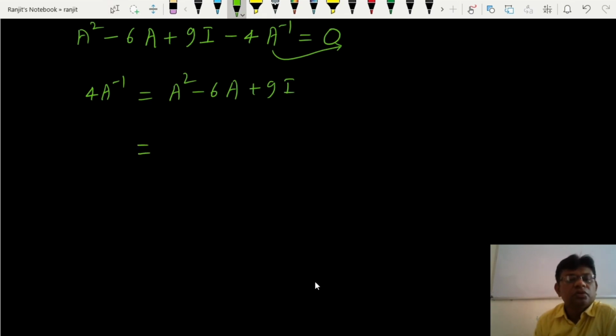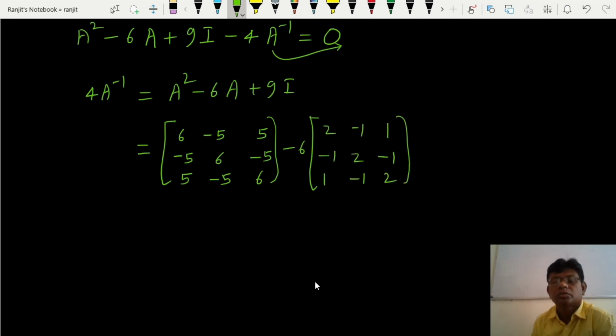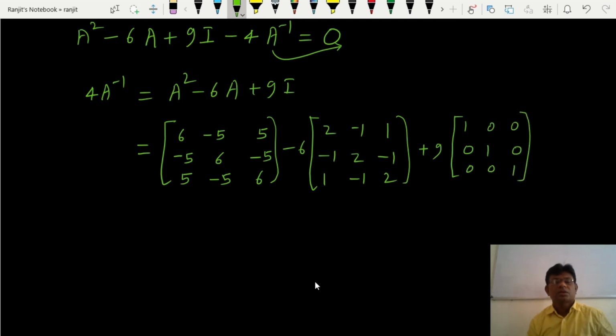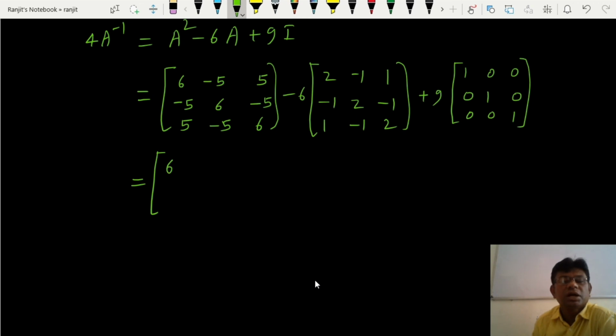This is equal to A square, the A square be the matrix computed earlier, minus 6 times A, the given matrix, plus 9 times I, the identity matrix 1 0 0, 0 1 0, 0 0 1. Now simplification: this is equal to 6 minus 6 times 2, 12, plus 9 times 1, 9.